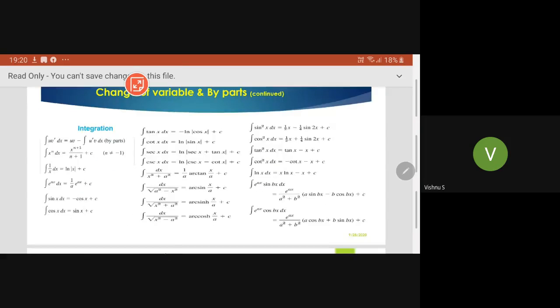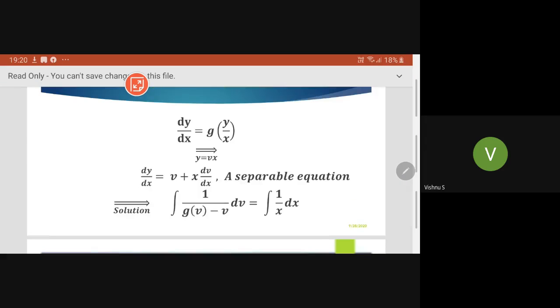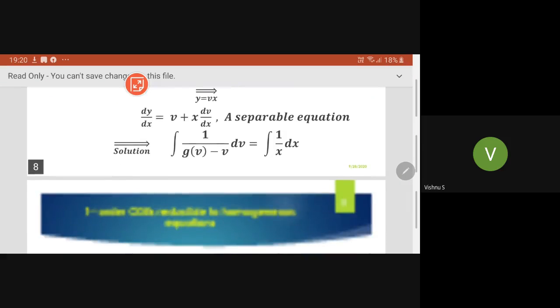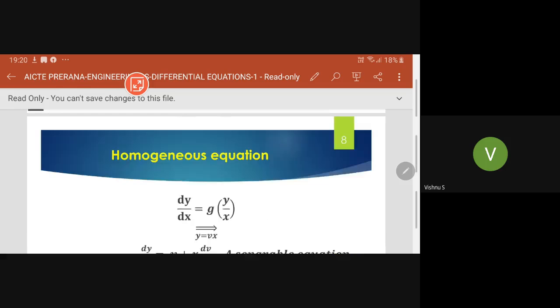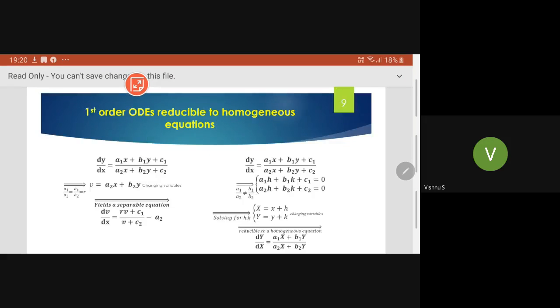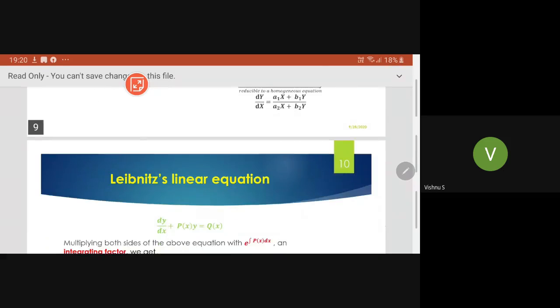So there, if we quickly look at that, there is separable equation. We talked about separable equation. Then we talked about homogeneous equation, and then equations that are reducible to homogeneous equation type. So that also we have discussed.